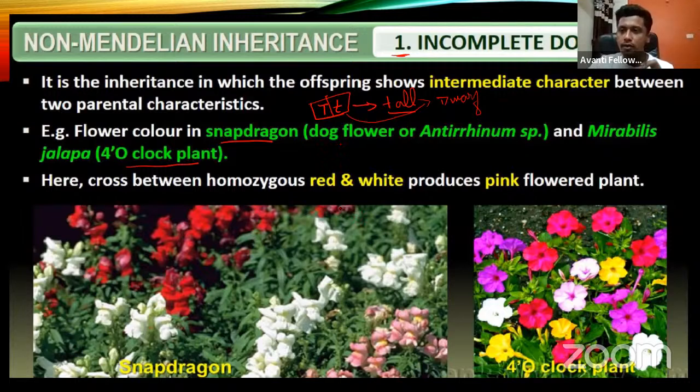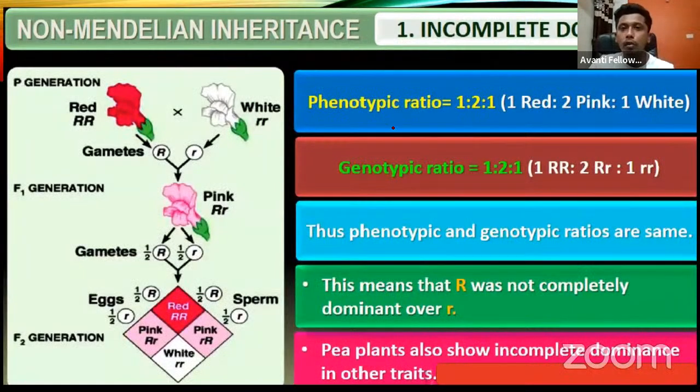Now what happens here is, like our tallness and dwarfness, we have two characters when it comes to flower color. When it flowers, it produces red flowers and white flowers. Now when we talk about incomplete dominant cross, similar to our monohybrid cross, in our parental generation we have one red flower, which is dominant.